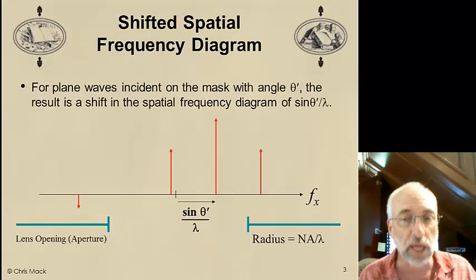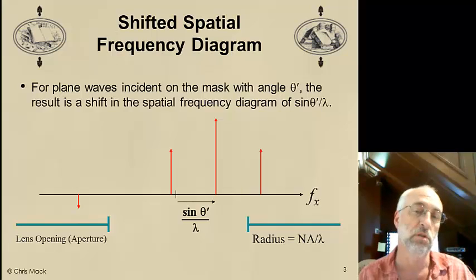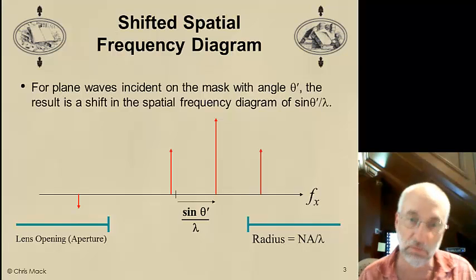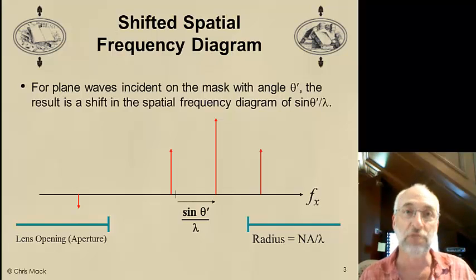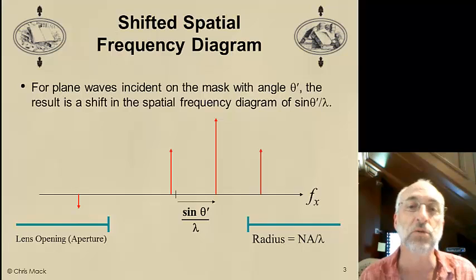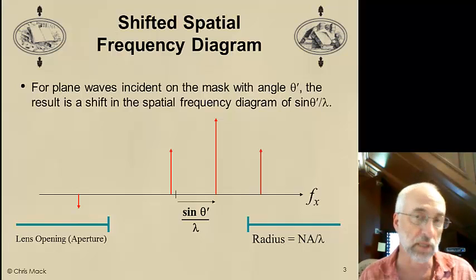I can change which diffracted orders go through the lens. Now before, when I had normally incident light in this particular pitch, in this particular NA and wavelength, what I saw was a diffraction pattern with 3 diffracted orders making it into the lens. Now I've shifted it, and only 2 of those diffracted orders make it through the lens.